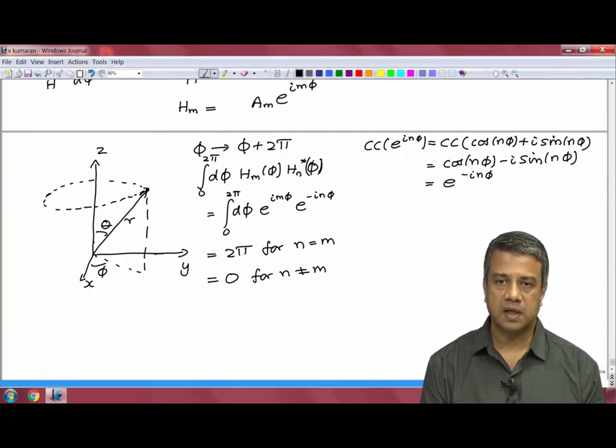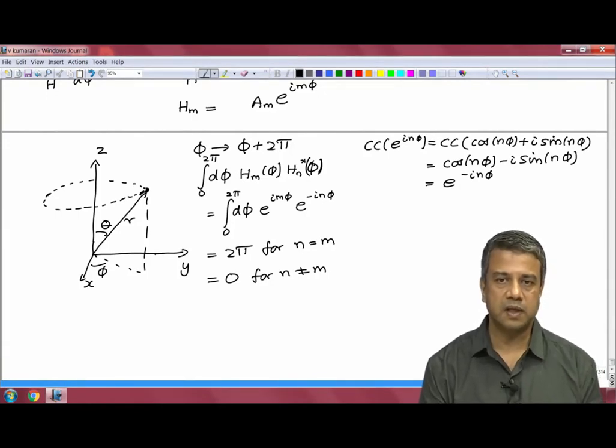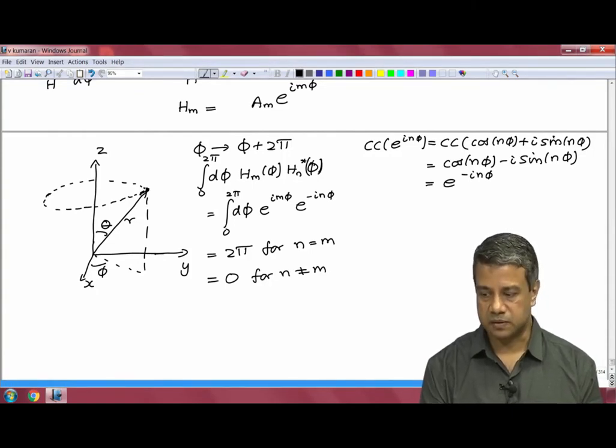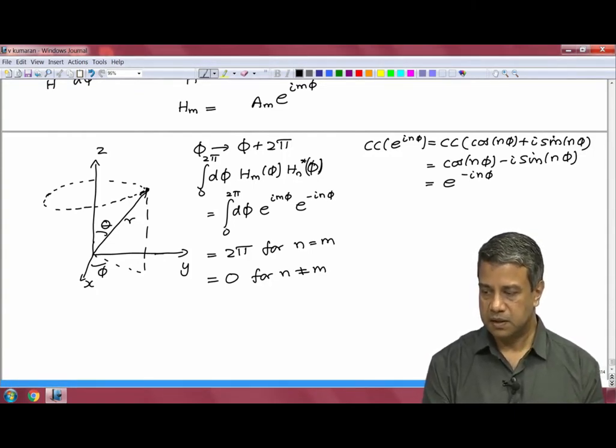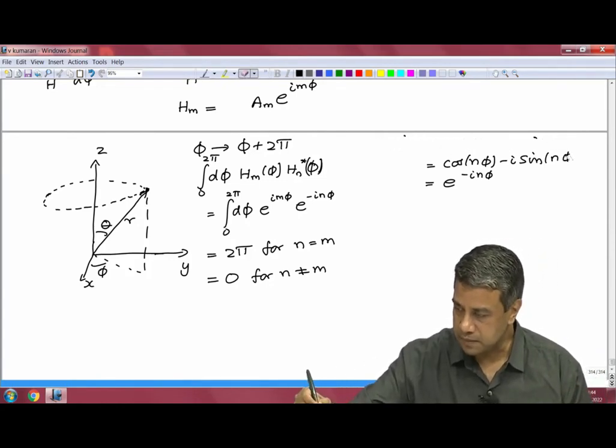E power I times some integer times phi between 0 and 2 pi is going to be equal to 0, because when you increment phi by 2 pi, you come to the same location in space. Therefore, the value of the function at the initial and final locations are the same, and the integral turns out to be 0. So, therefore, you have this orthogonality relation.